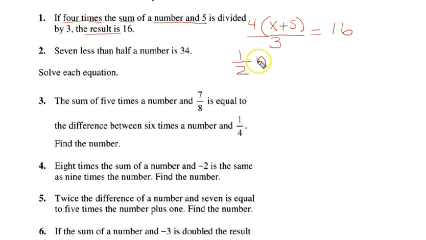Now you could write that n over 2 also. Now 7 less than this, less 7, is equal sign 34.